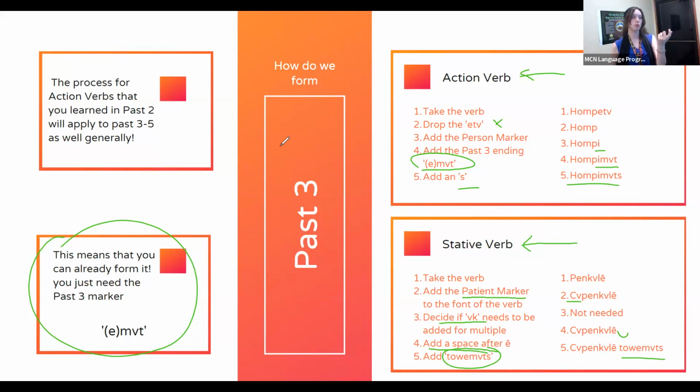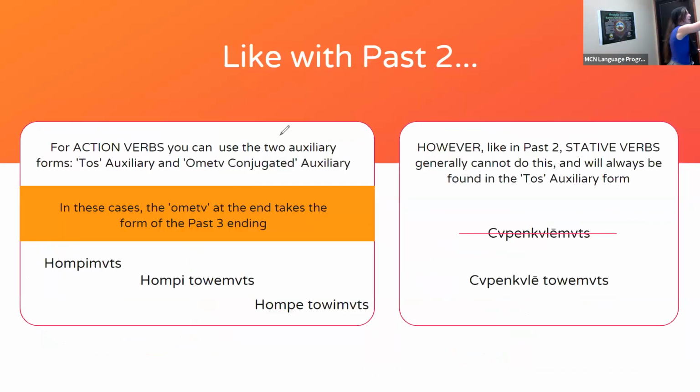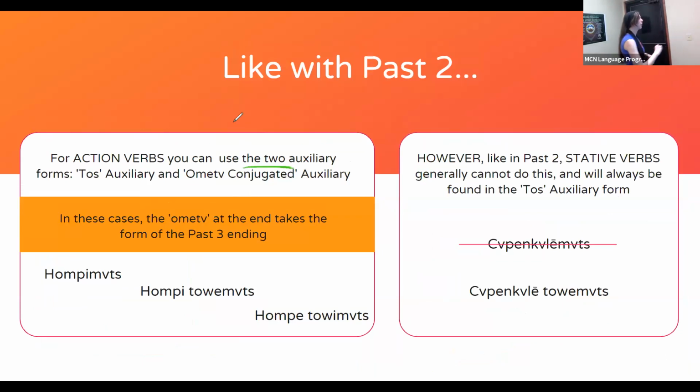So where past 2 was jabingali dowunks, past 3 is jabingali doimuts, which is super nice, super friendly. Any question on this? This is like the base of how we form it. So just like in past 2, we had mentioned before, for action verbs, you can use both of the two auxiliary forms. We have the dos form, the dos auxiliary, and the omata conjugated auxiliary.